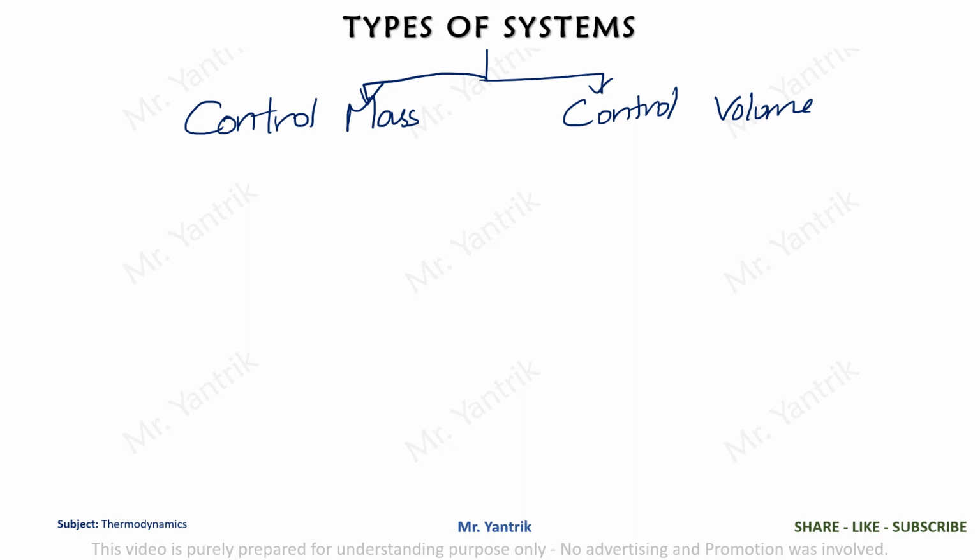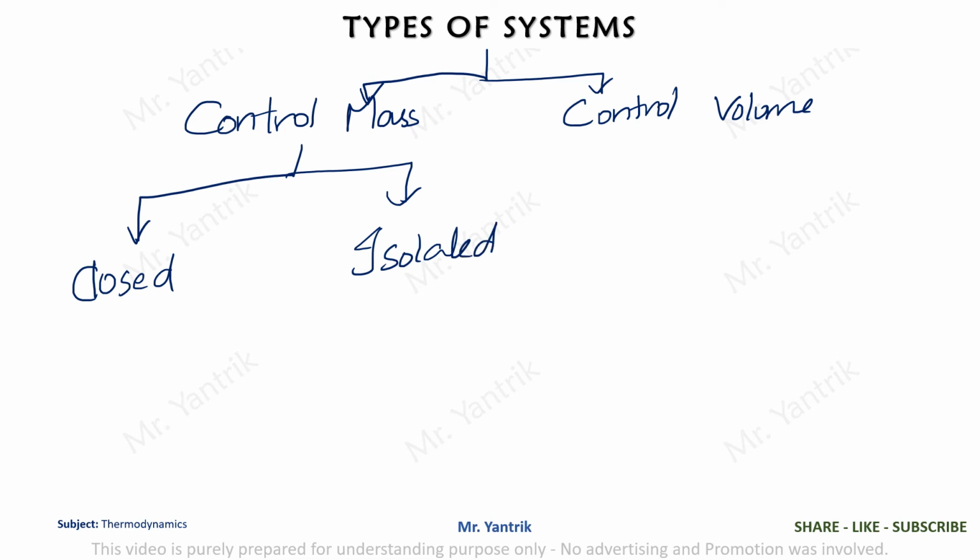The control mass system can be subdivided into two types: closed system and isolated system. And where control volume is concentrated, this is called an open system.